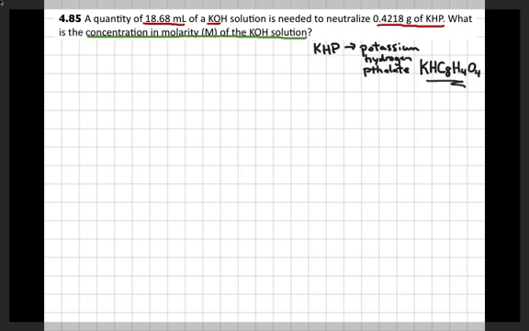KHC8H4O4. This is a salt, and so when we add potassium hydrogen phthalate to water to make an aqueous solution, the potassium and the hydrogen phthalate separate and dissociate into free ions, potassium ion and hydrogen phthalate anion.